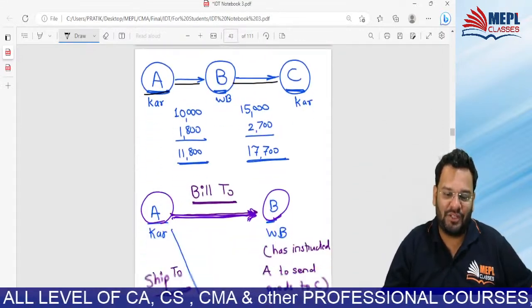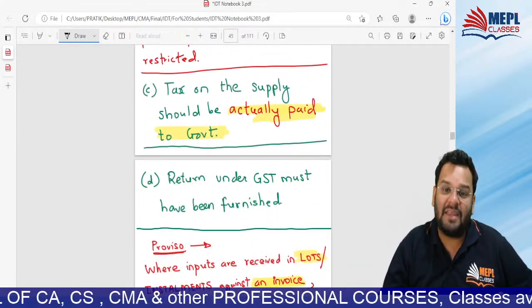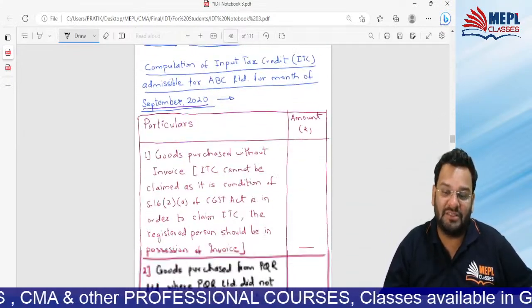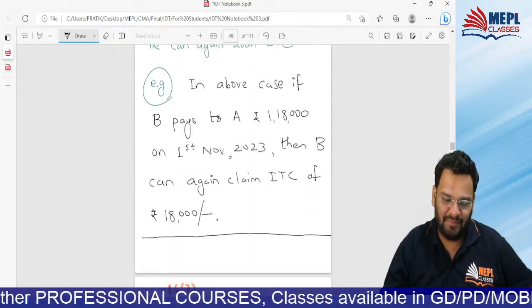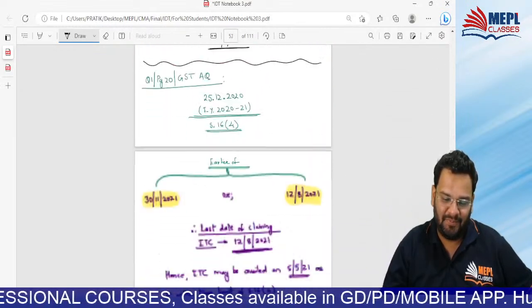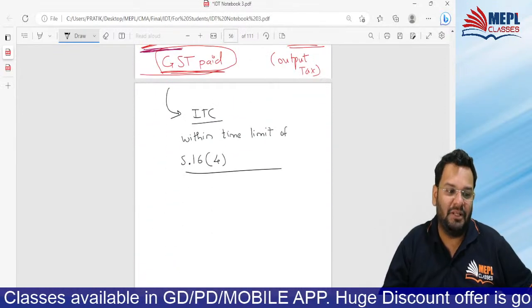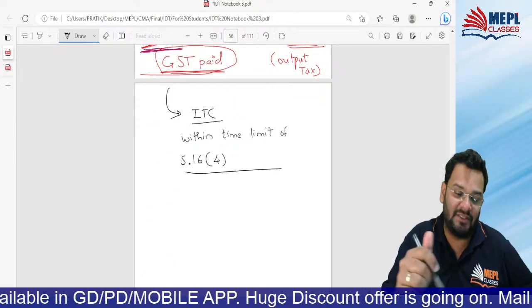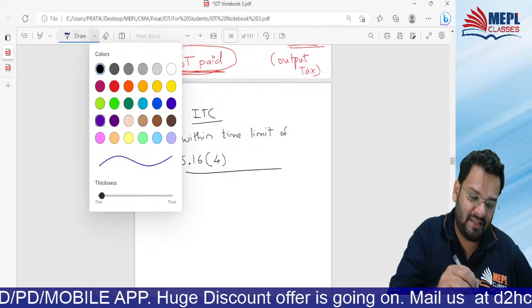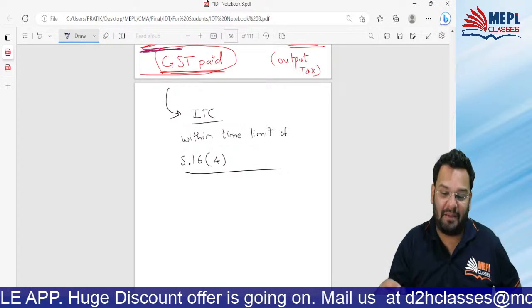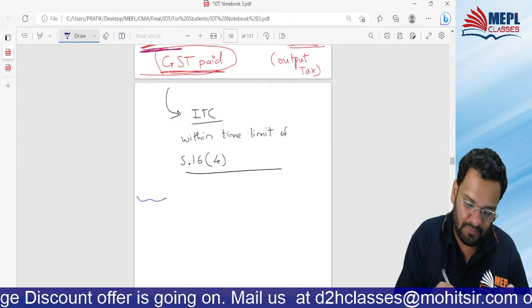My simple question to you is, can bill to ship happen in case of services also? Yes or no? Yes, bill to ship can happen in case of services also.